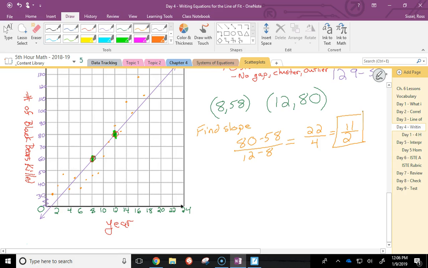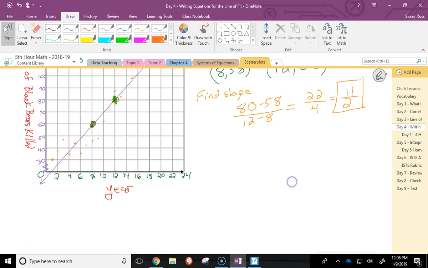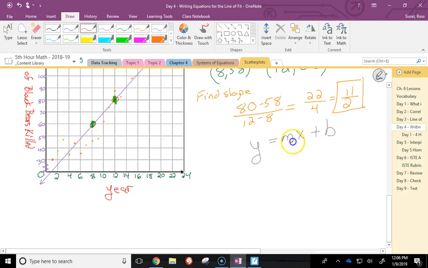Now comes the easiest part. I have to write my equation. My equation was supposed to be y equals mx plus b. So, I'm going to replace my slope and my y-intercept. Y equals, my slope I found was 11 over 2, x.